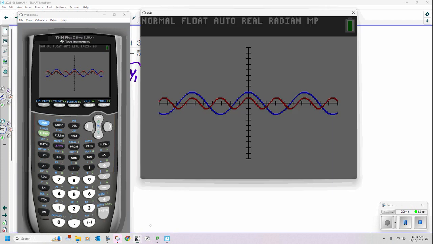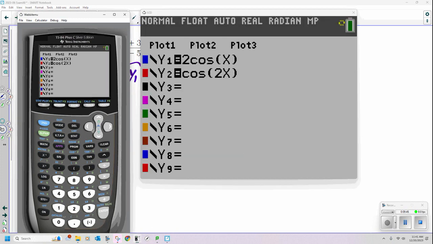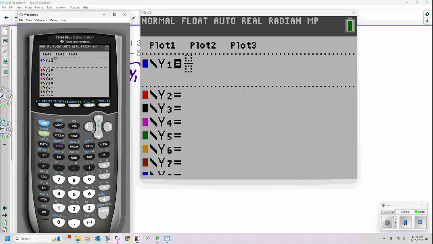Let's go back here. We'll go to y equals. I'm going to clear both of these out. And I am going to put in y1 the left side of that equation. I'm going to hit alpha y equals to create a fraction: x plus 3 over x minus 5, plus another fraction, 6 over x plus 2.